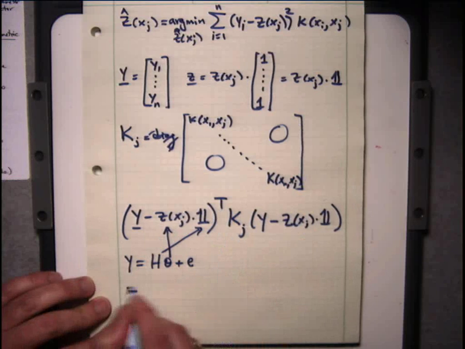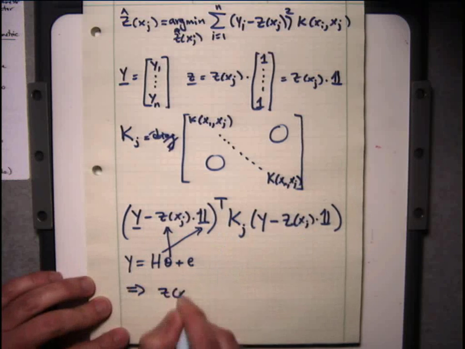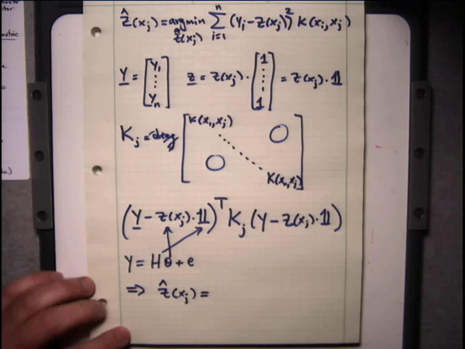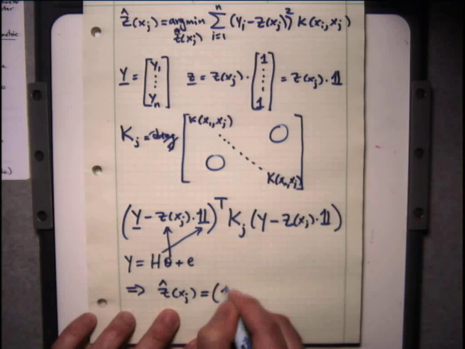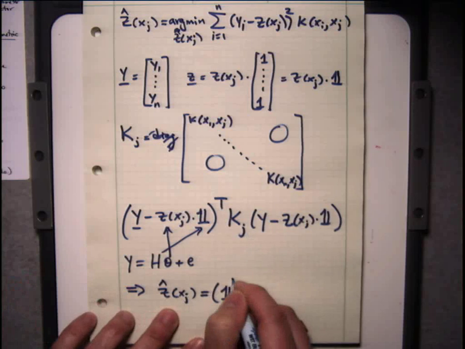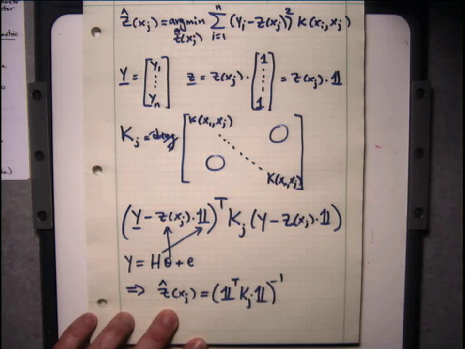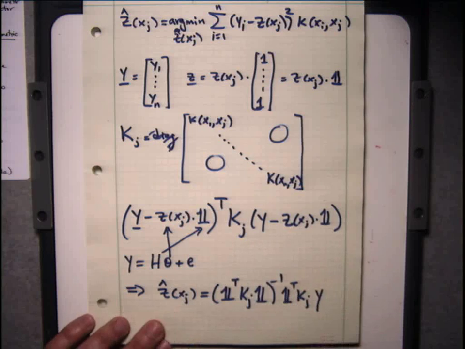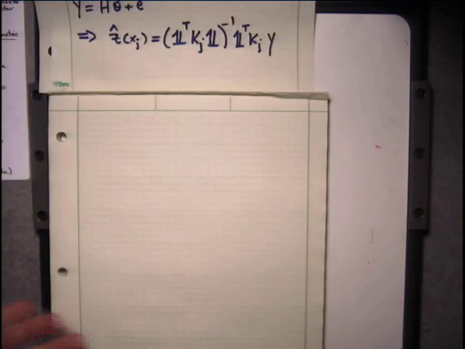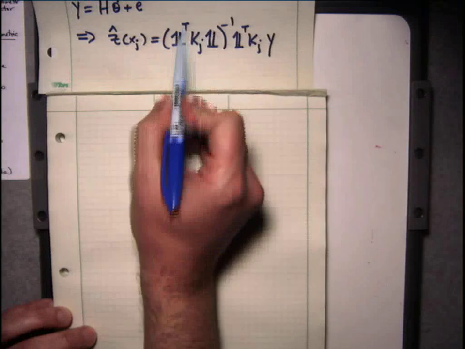All right, so if we just minimize this, what do we get? From here, you get z hat of xj equals, minimizing the least squares criterion, 1 transpose Kj times 1, inverse. This is like H transpose H inverse, okay? And then 1 transpose Kj y. This is just the least squares formula. Now let's write it out in a simpler form. If you multiply everything out, remember this guy here is 1 transpose Kj 1.